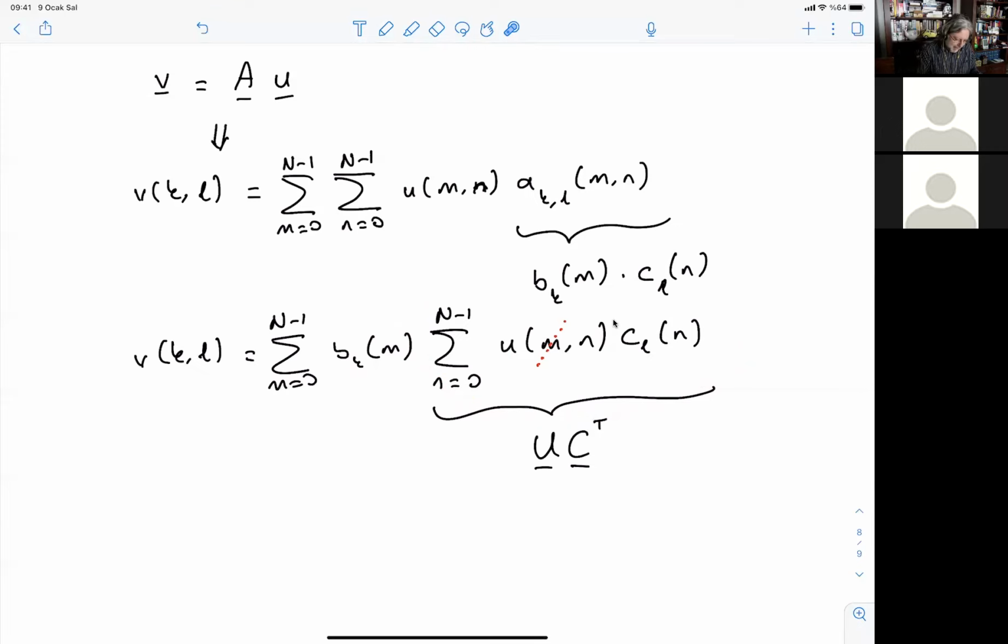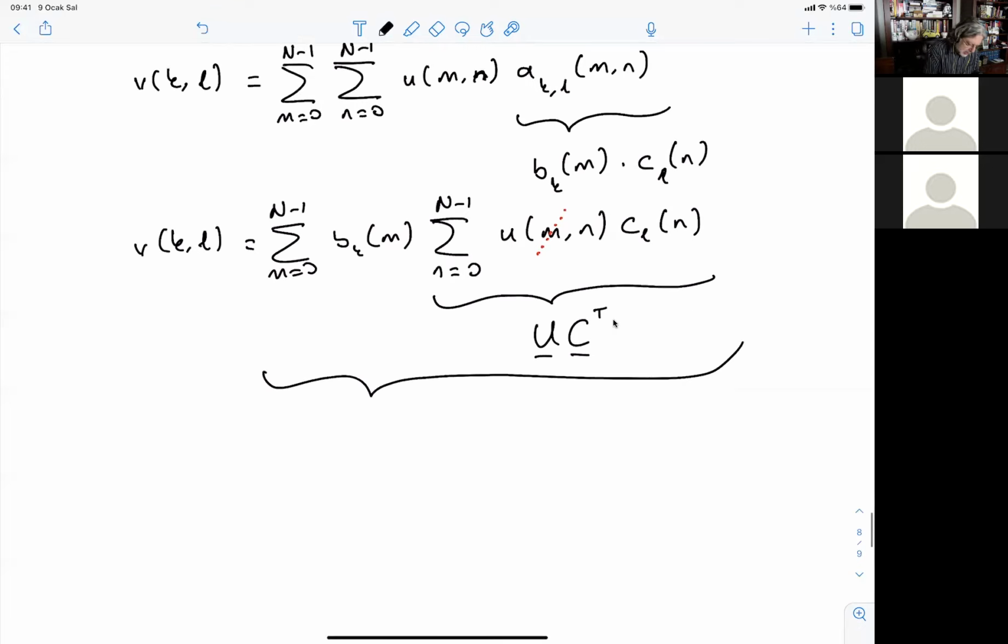And when I multiply with those columns one by one, I come up with the overall transformation, which is the B matrix from the left-hand side acting on the column vectors of the output from the previous stage, which is U times C transpose. So this is the V output matrix.